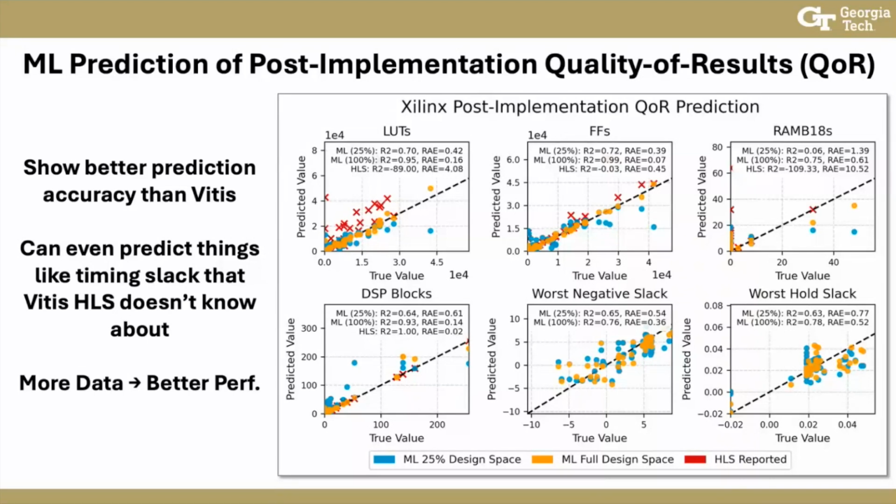Like I said, we can predict timing slack, which is something you can't estimate at the Vitis HLS level. And mostly we show that the more data that we're able to collect from doing this design space expansion, the better performance we get as well. This is what I would consider to be more like a baseline ML task for HLS.